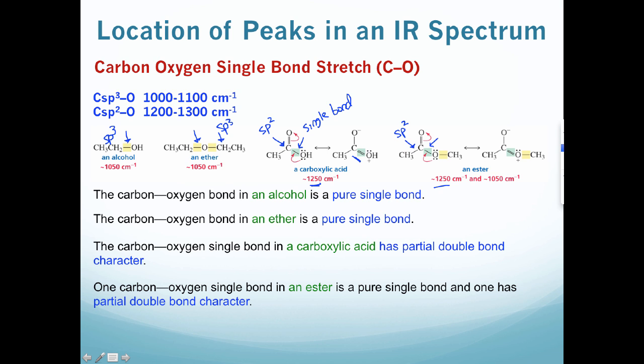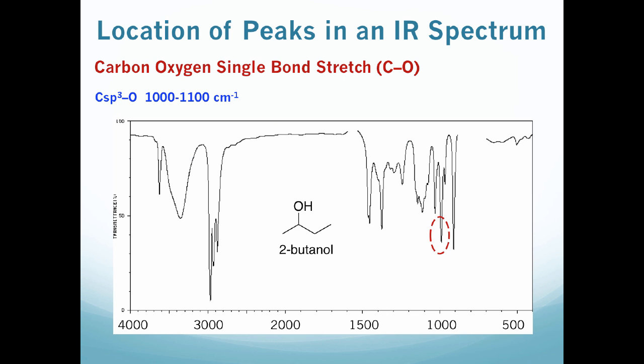Now with esters, we also have this sp3 carbon-oxygen bond right here, and that is going to show up as would be expected at 1050 wave numbers. Let's look at an actual example here. Here we have 2-butanol. Our carbon is sp3 hybridized.